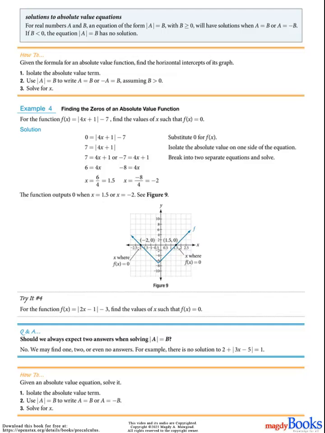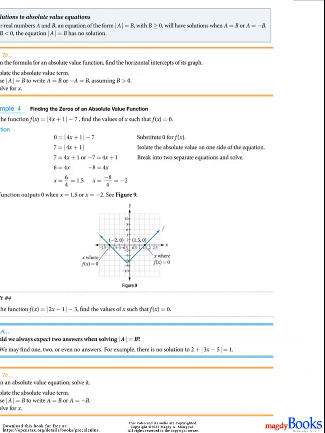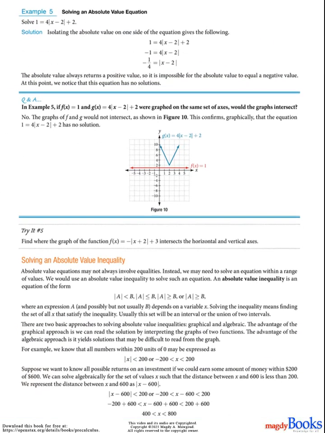How to: given an absolute value equation, solve it. 1. Isolate the absolute value term. 2. Use the absolute value of a equals b to write a equals b, or a equals negative b. 3. Solve for x.